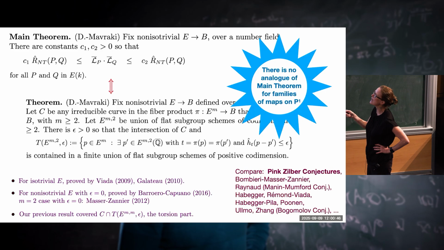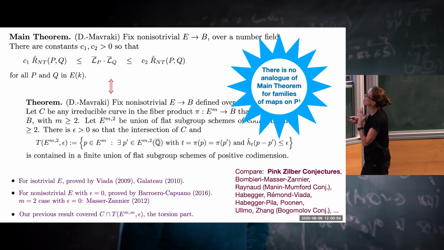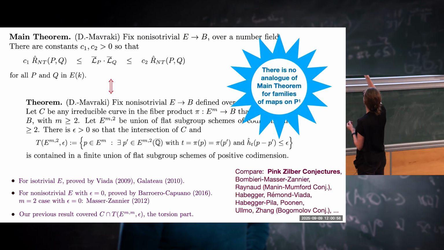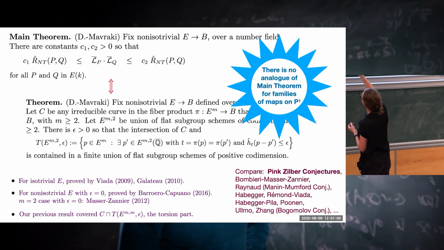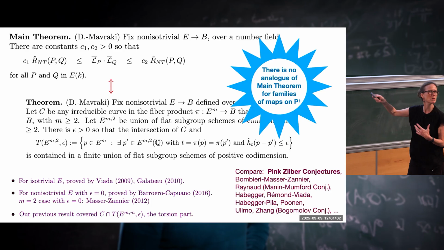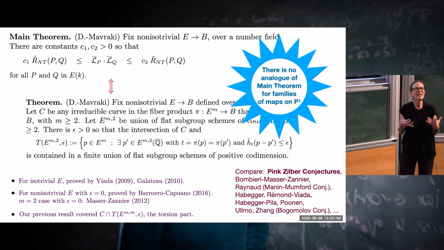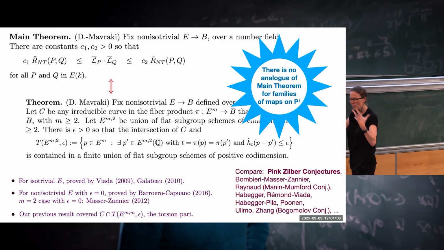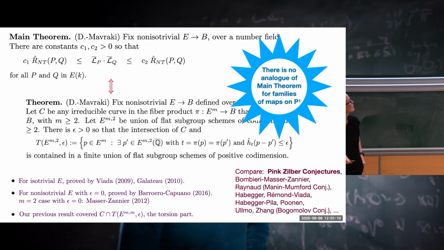You can certainly define these intersection numbers in the dynamical setting, where again, by dynamical, I mean families of maps on the projective line parametrized by a curve B. We don't have this object. There is no corresponding regulator. There's no linear algebra. There's no inner product. There's not a vector. We don't even know where to begin with this discussion.